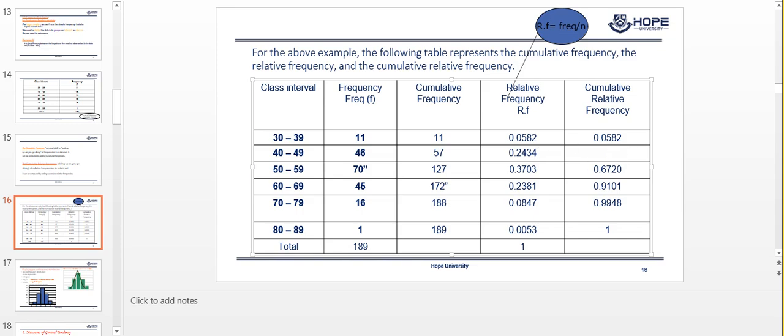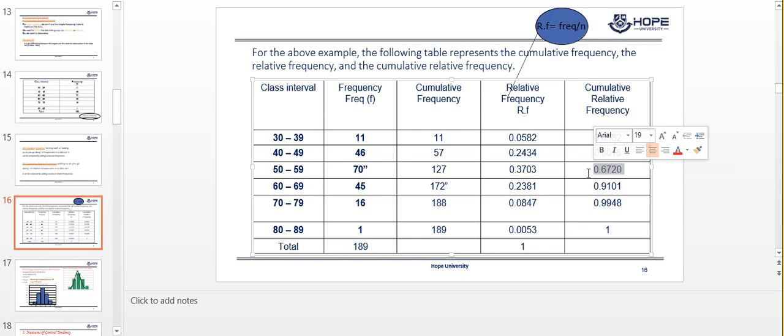In the same way, you add this number to this number. 0.3703, we should get this number.